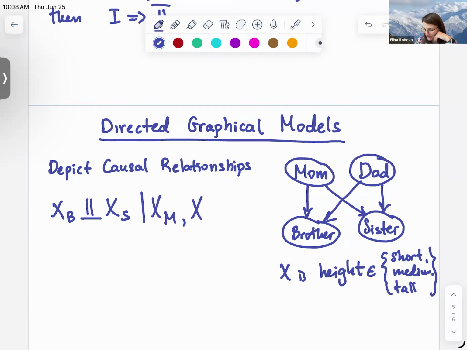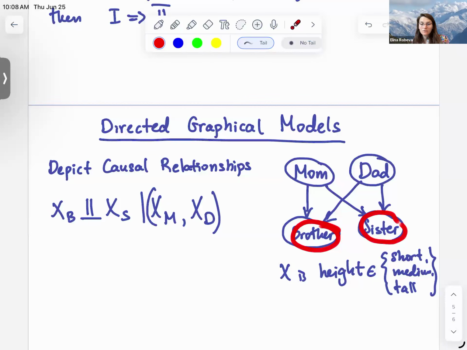So the brother and the sister, their heights are independent given the heights of the parents. Why? Because if you know basically the whole genome of mom and dad, then the brother will not tell you anything in addition about the sister. Does that make sense? Unless maybe the brother ate all the food of the sister or something like this, but let's say that didn't happen.